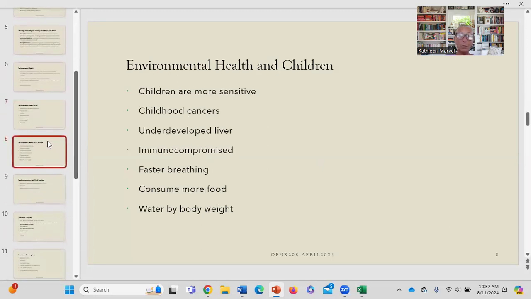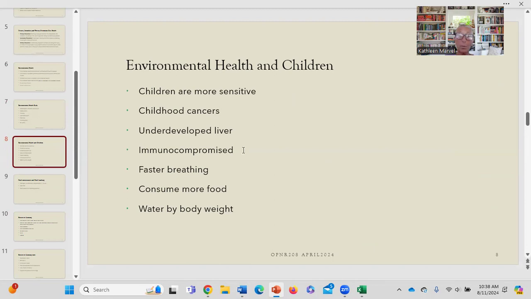If you just think about your own community, do you know what the environmental risks are in your community? Right? We know that children, like I said, have higher risk to environmental issues. Children are more sensitive. Children exposed to environmental risks may have an increase of childhood cancers. They have underdeveloped livers.